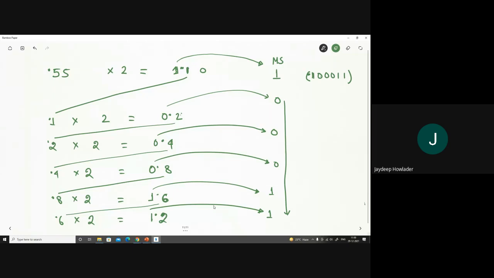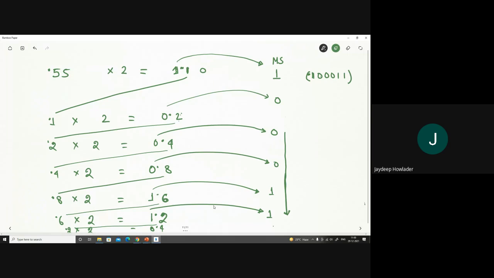So if we multiply this 0.2 by 2 in the next step, it will give me 0.4. That means I am basically repeating this sequence. Again, the same series of 0, 0, 1, 1 will appear.